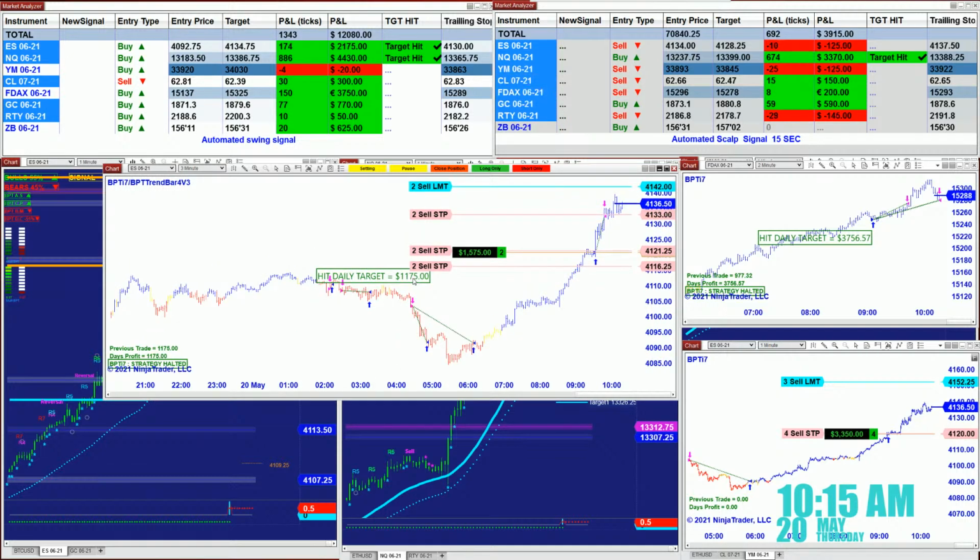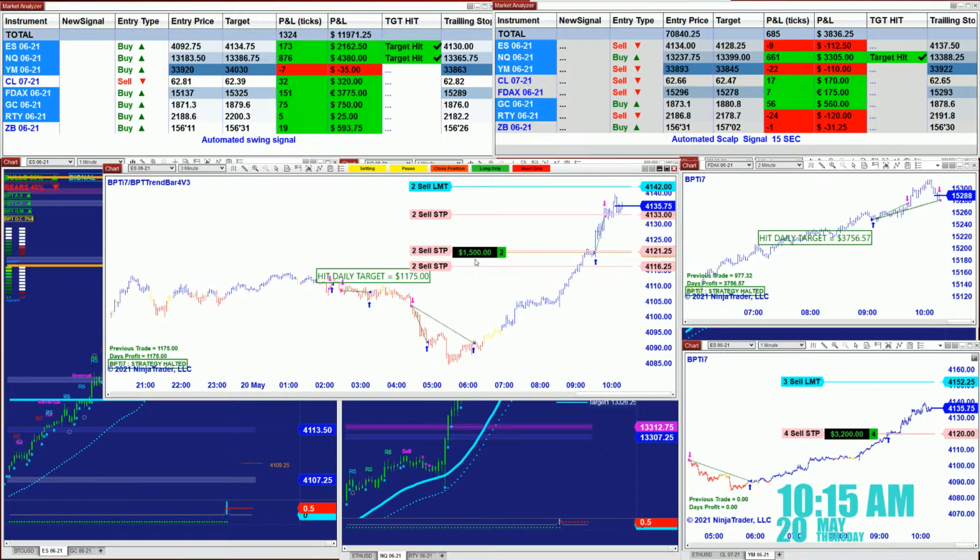We're already done, and the daily target is 1,000. We already covered it on 1,175, and there are 2 more out, so a plus 1,400.